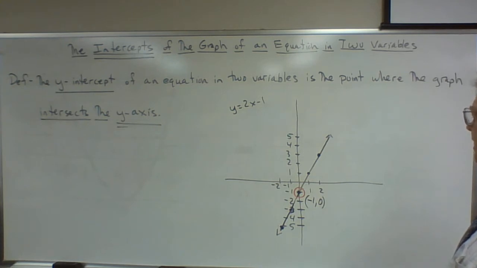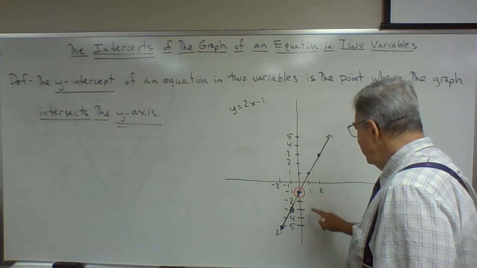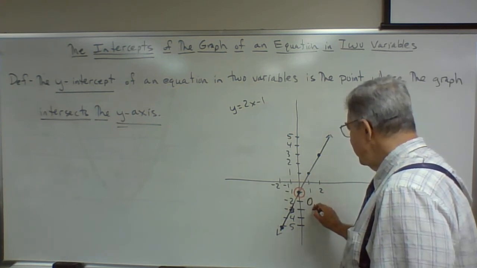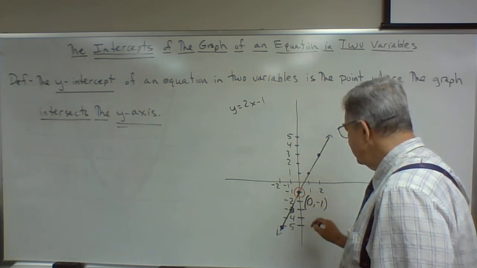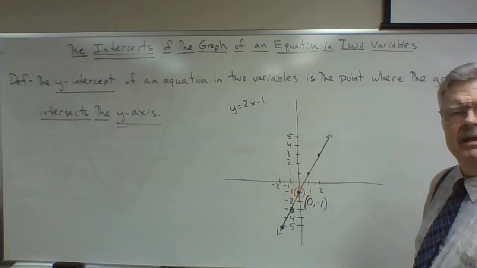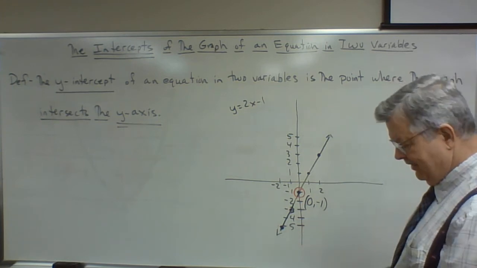Let's see. Not being an idiot. Please forgive me. It crossed the y-axis at the point x equals 0, y equal -1. This is the y-intercept.